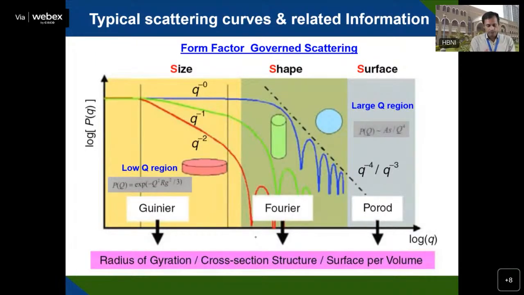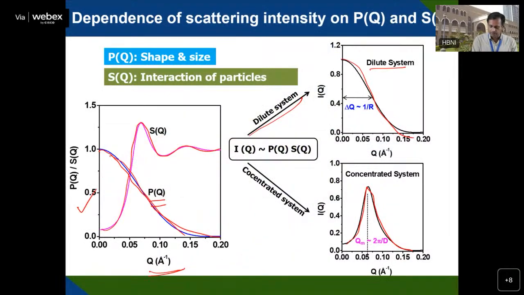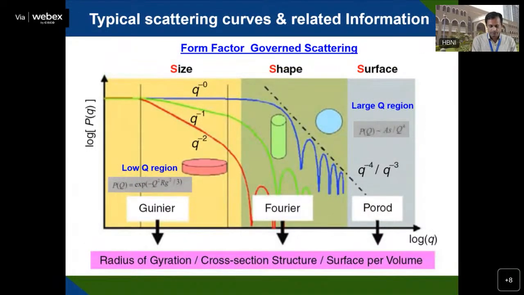Once you get the P(Q), you have to go for a log P(Q) versus log Q plot. You express it in log terms, as I have shown here, and fit a linear line to see how the decay is occurring.